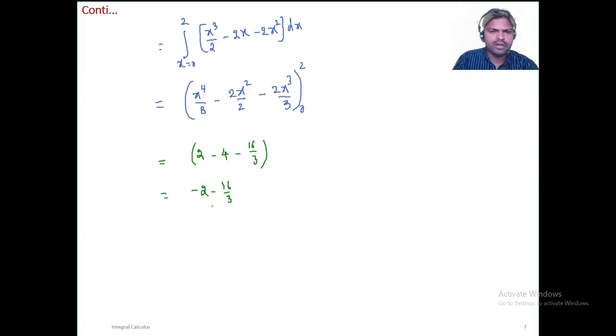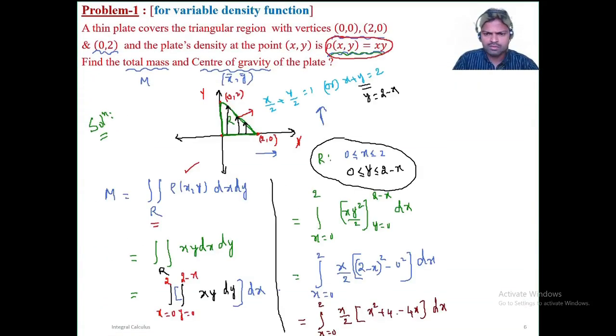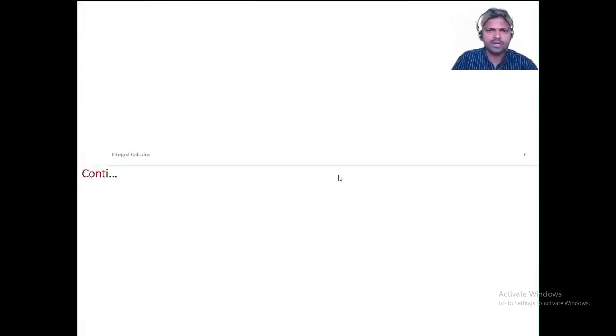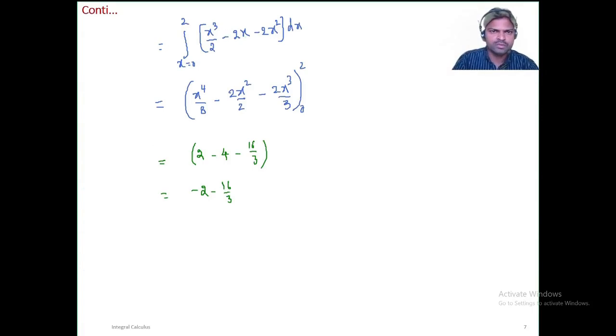So here you are getting a negative, but total mass cannot be negative. Somewhere you have made some mistake. Let us go back. Yes, this is plus, right? This is plus, this one is plus, and this is plus.